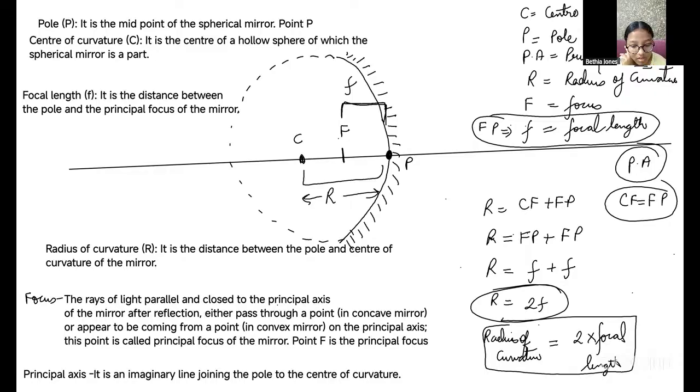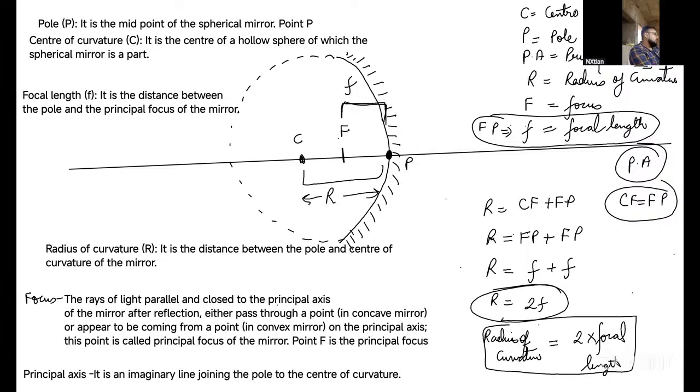Then from the center of curvature to the pole, the middle of that is called the focus. From the center of curvature to the pole is called the radius of curvature, and from the focus to the pole is called the focal length.